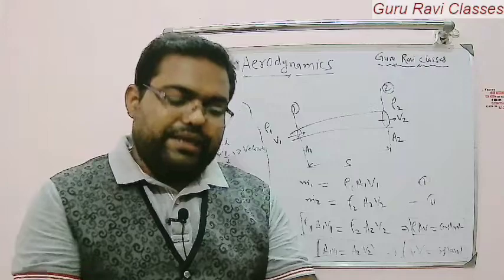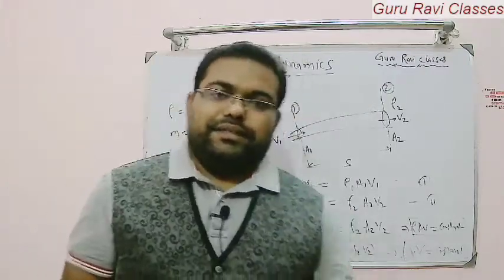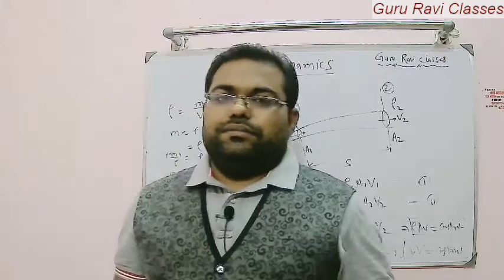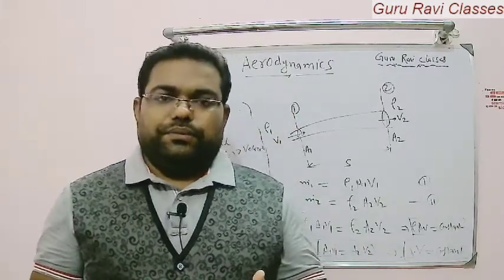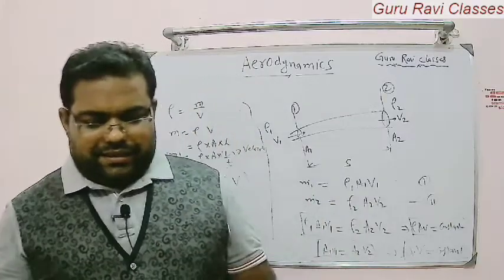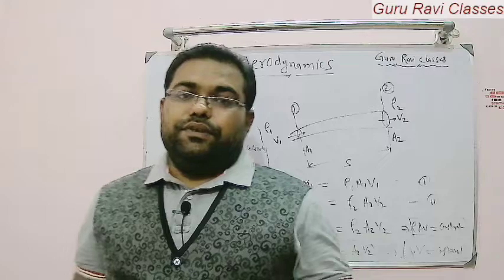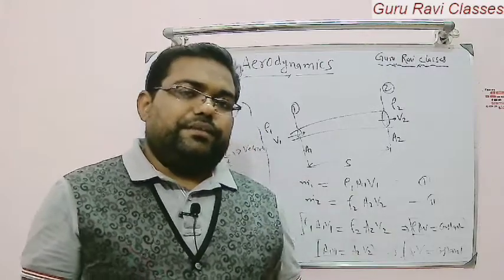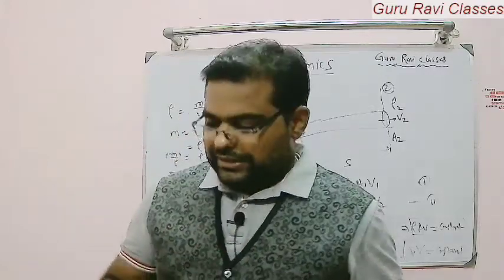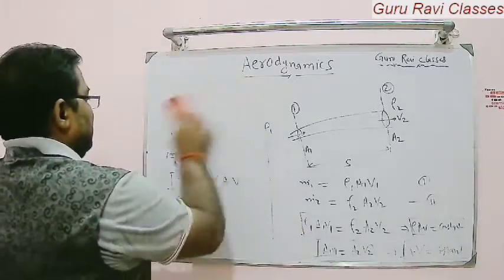So if any flow satisfies this equation, I will say that is the case of possible fluid flow. Is that clear? Now let's see, we will define one more parameter. As we have said, it is a flow, and flow needs to be specified by certain parameters. So let's see what that parameter is. I am erasing this.